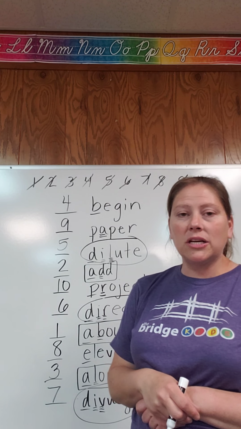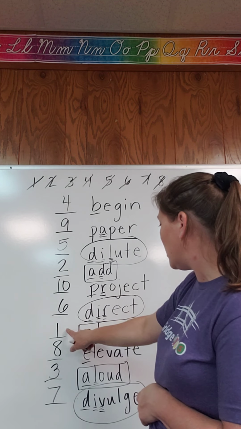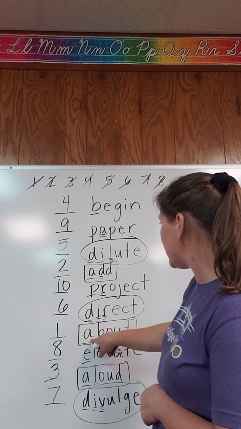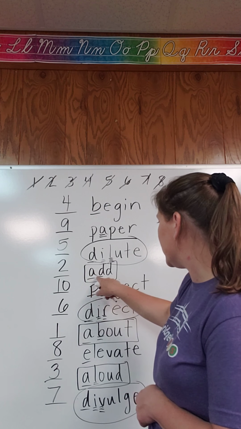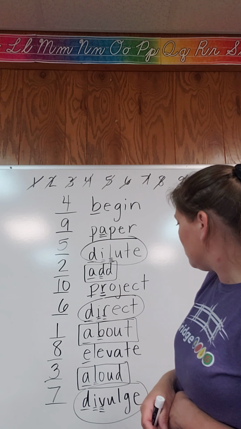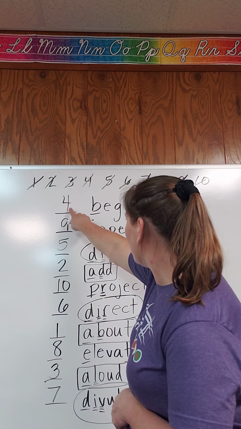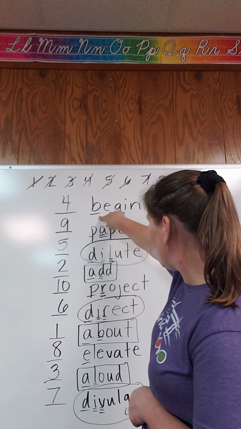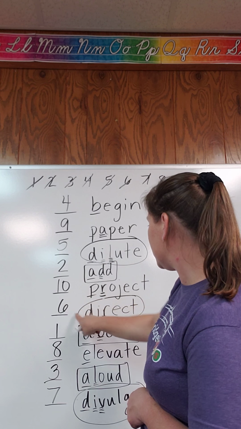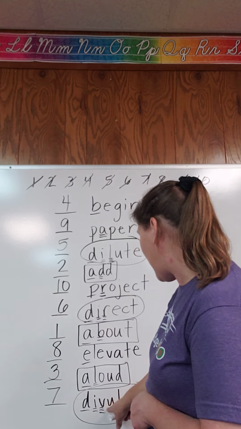It's always a good idea to go back to your number 1 and just look back through it. 1 is A-B, 2 is A-D, 3 is A-L. 4 is a B word, begin. 5 is D-I-L, 6 D-I-R, 7 D-I-V.